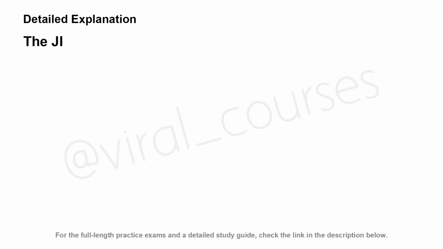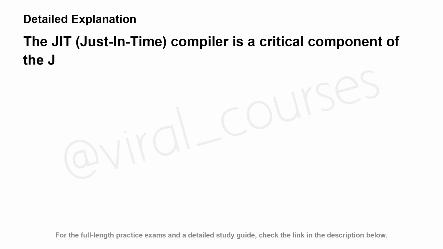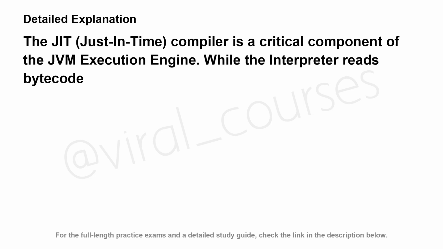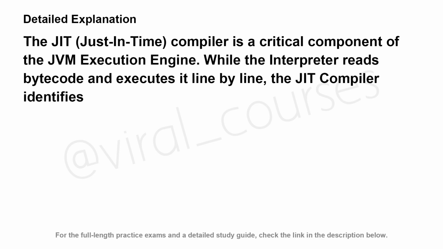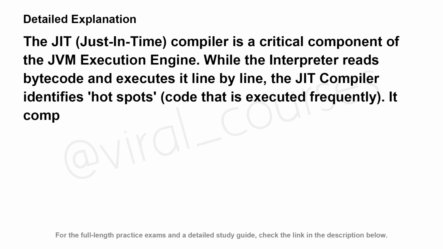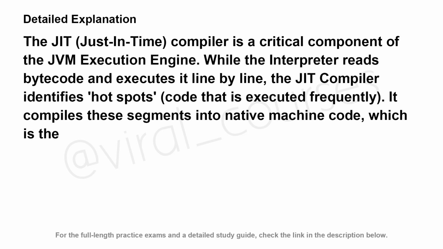The JIT, just-in-time compiler, is a critical component of the JVM execution engine, while the interpreter reads bytecode and executes it line by line. The JIT compiler identifies hotspots, code that is executed frequently. It compiles these segments into native machine code, which is then cached.